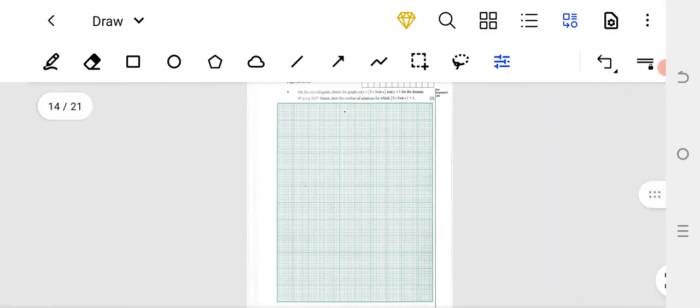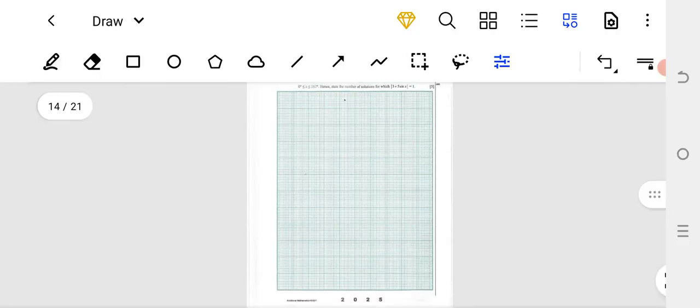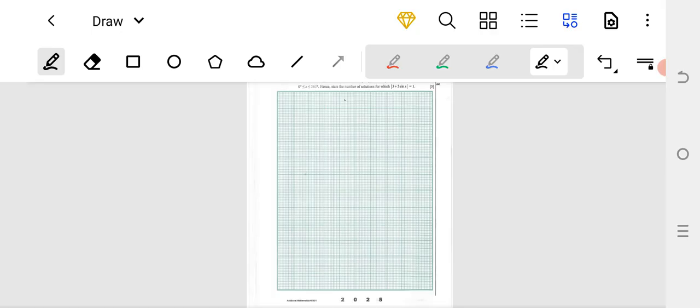Okay, let me count the number of lines. You won't be able to see, but I'll be able to see. I will tell you what I'm doing. So there are 1, 2, 3, 4, 5, 6, 7, 8, 9, 10, 11, 12, 13 lines.